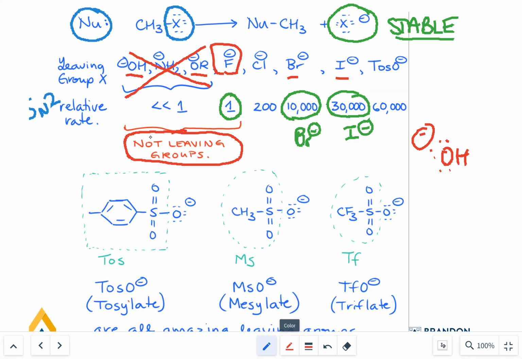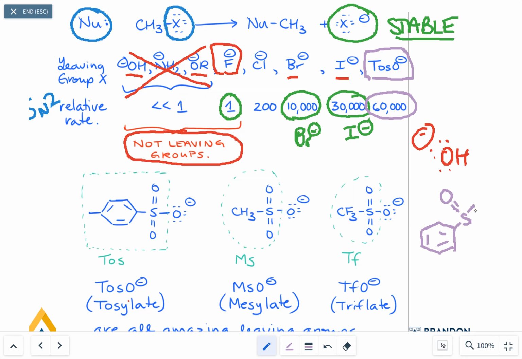And the thing which was the best leaving group, let's make this purple, was this thing, the OTs. So what is this? So remember back when we were doing our acids and base chemistry section. Okay, it's the edge of the screen here.